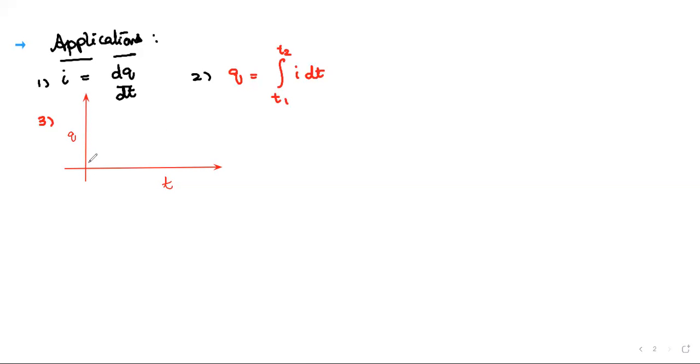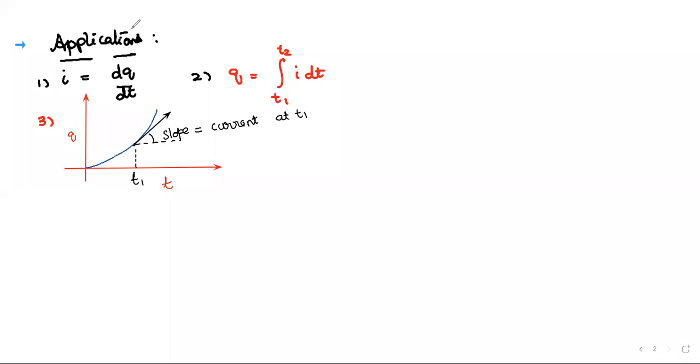There might be a curve like this. Then we can say what the current is at an instant, which means the slope. At time t1, if you find the slope here, that slope gives the current in the conductor at t1.